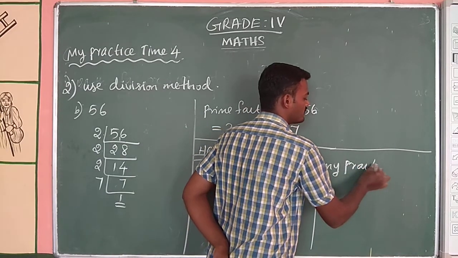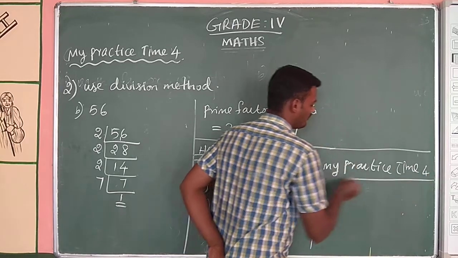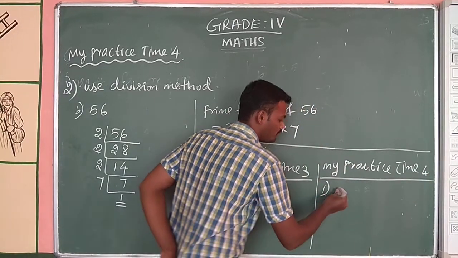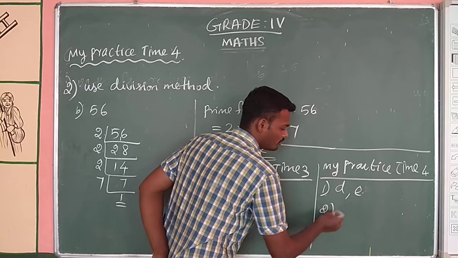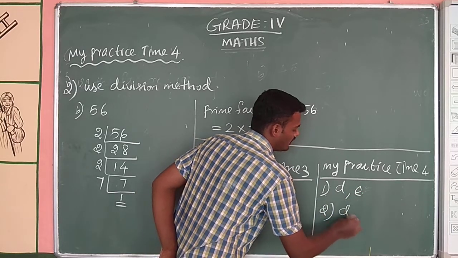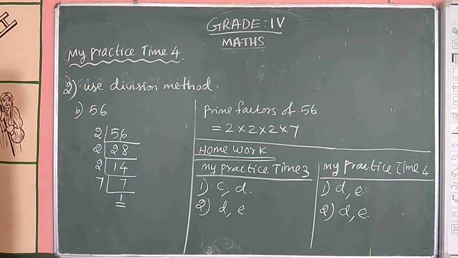Question number 1, do D and E. Question number 2, D and E. So totally 8 sums are homework. Thank you, students.